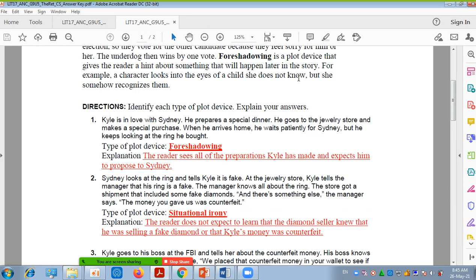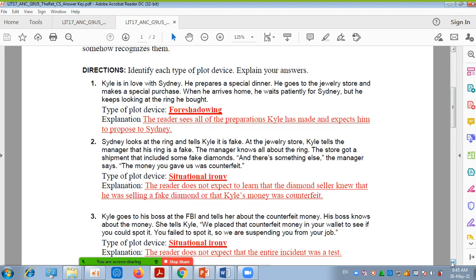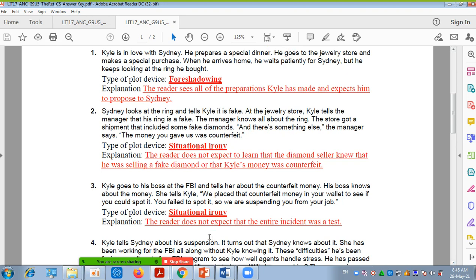So something unexpected, beyond our expectation, happened. Excellent. It's situational irony, and the reader did not expect that the entire incident was a test from the FBI boss. All they thought was that they were testing Kyle only to see if he could recognize the counterfeit money. Thank you, Hannah.